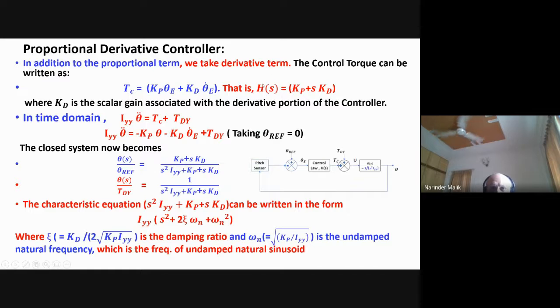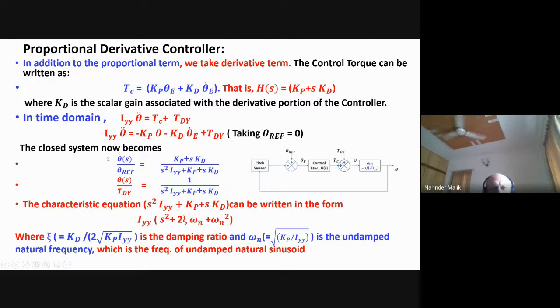So we can write the transfer function form as Kp plus s Kd. In the time domain, the same equation becomes Iy theta double dot equal to minus Kp theta e minus Kd theta dot. Sorry, my apologies, here I've written taking the reference 0, but this is a mistake. It should be theta dot.